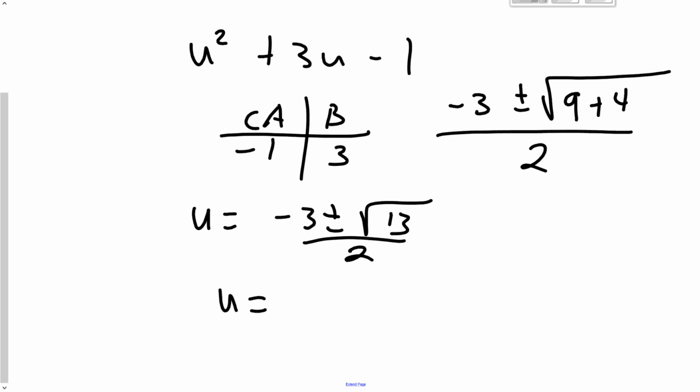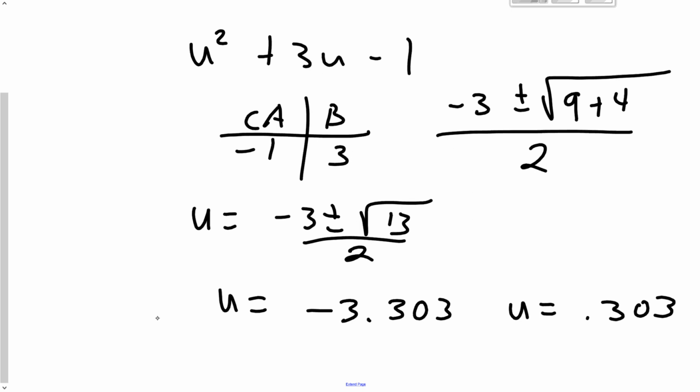So u is equal to negative 3.303, and then negative 3 plus the square root of 13 over 2 would be u is equal to 0.303.